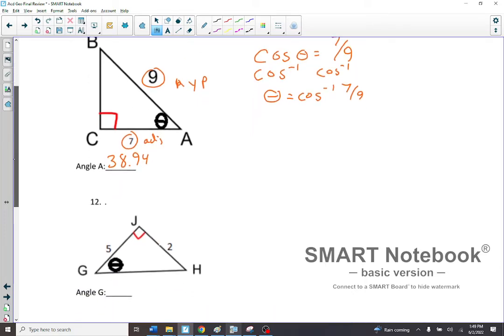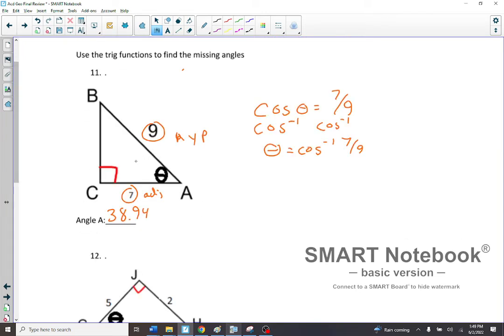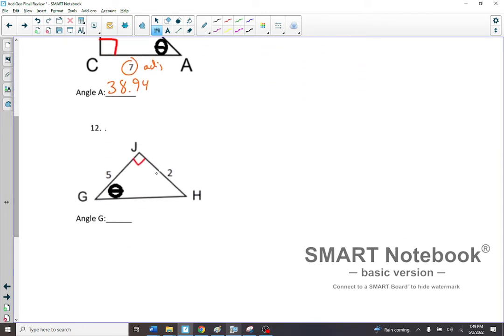So it's second tan negative 1, 2 over 5. Excellent. So we have an opposite and we have an adjacent. That tells me TOA, or tangent. So tan theta is 2 over 5. So theta equals tan negative 1, 2 over 5.